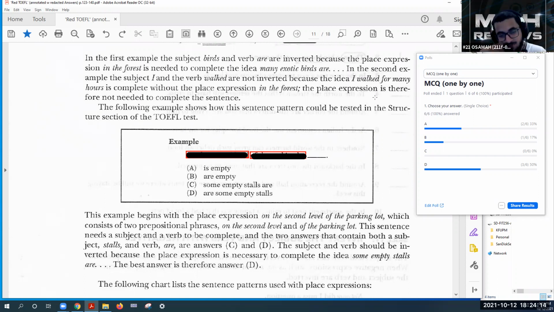Now look at your first choice. Does that make sense? No. Is empty? No one of them makes any sense. None of them. You're right, none of them make sense. But here's my question though. Does each of them have a subject and a verb?